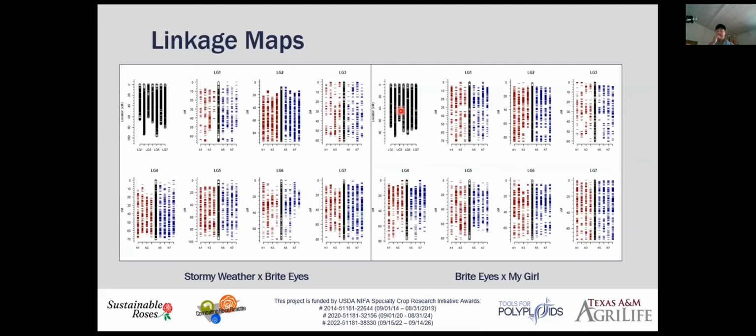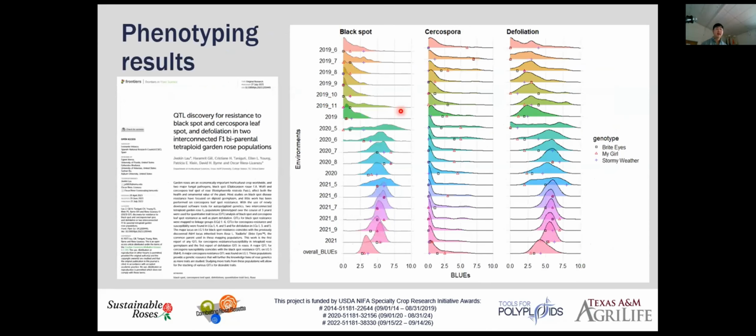The linkage maps that came out of this were pretty dense, around 5,000 markers on both of the maps. On the tetraploid level, we just had this one paper that talked about black spot, Cercospora and defoliation all together, and the interplay between these traits. This is probably the proudest figure that I've ever made for a publication, just because it's pretty.